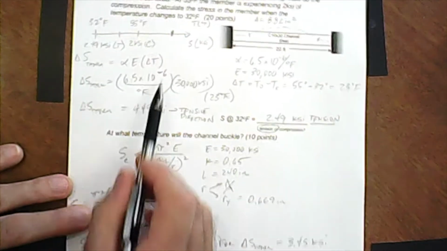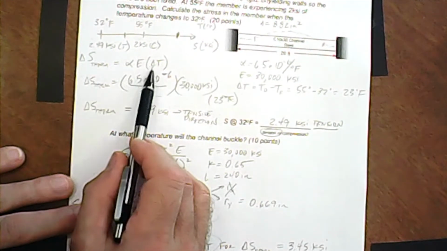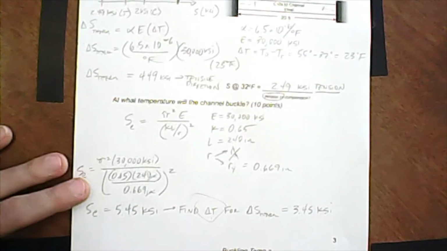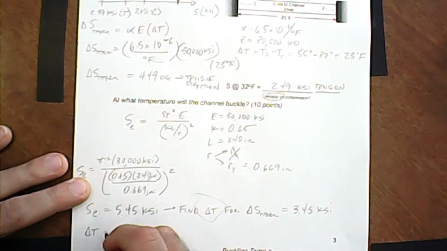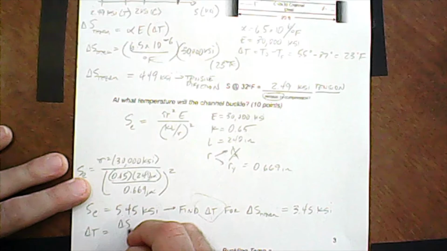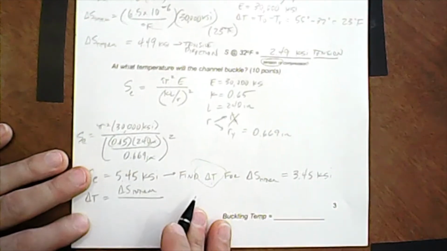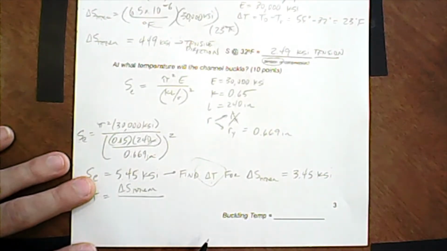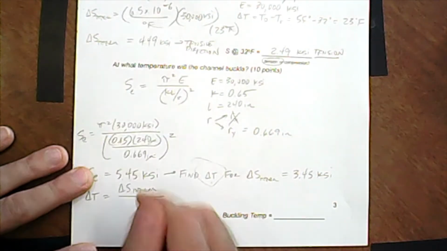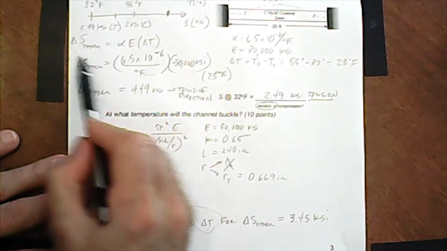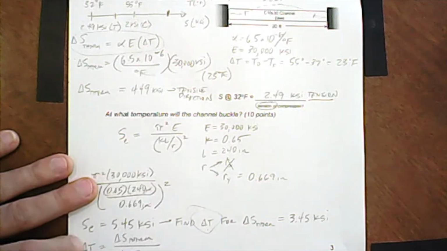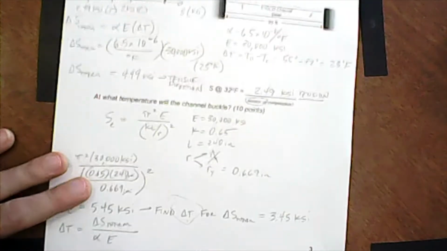Okay, so coming up to this equation here, we're just going to rewrite that, solving for delta T. So we have delta T equals delta S therm divided by alpha E. And that's, again, just this equation here. That's our master equation, and we're just solving for delta T.